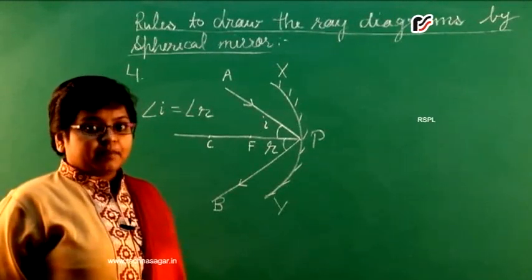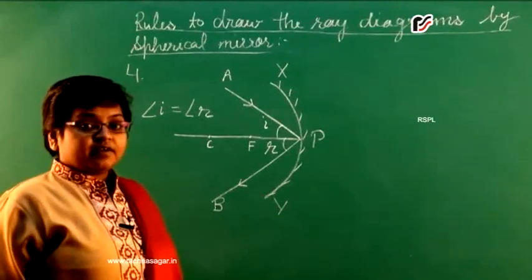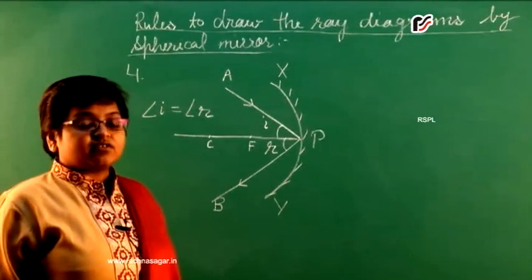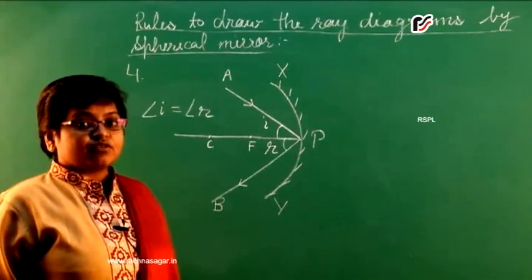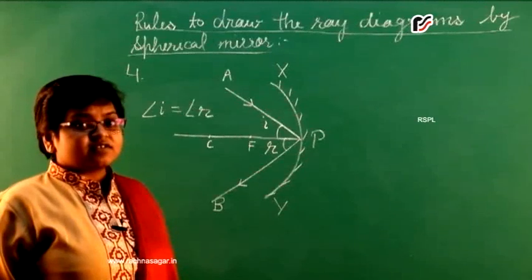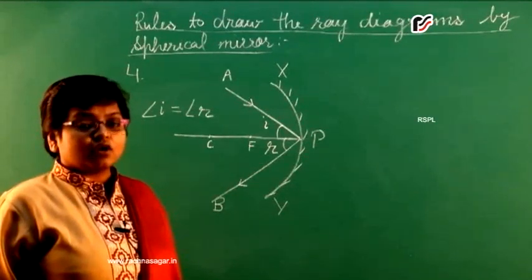The incident ray AP makes an angle of incidence I. The reflected ray BP makes an angle of reflection R, and according to the laws of reflection, angle I equals angle R. That is the same rule for the convex mirror also.